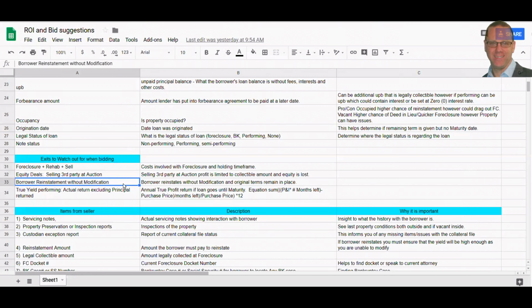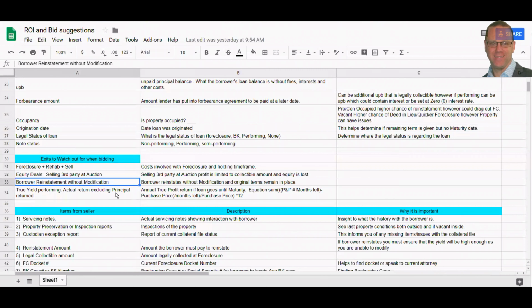However, their monthly payment turns into a very low yield, 8, 7, 6% annual return, because you are not able to modify that loan at all. So make sure you're calculating the reinstatement amount, lowering your basis. Will your payment per month yield enough money to make you comfortable?